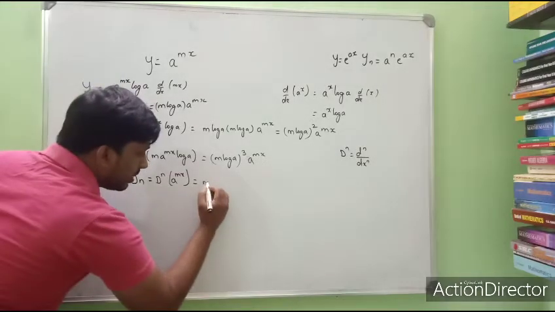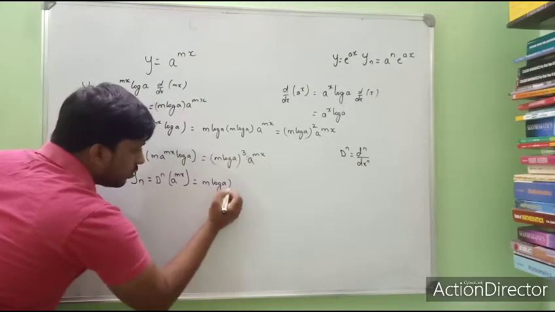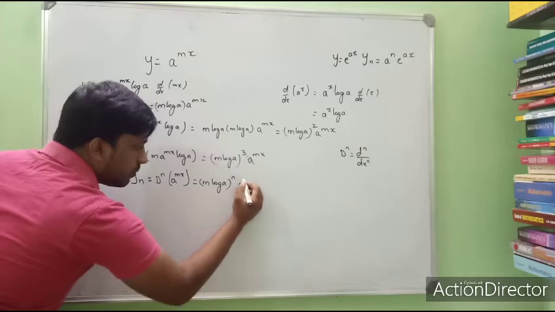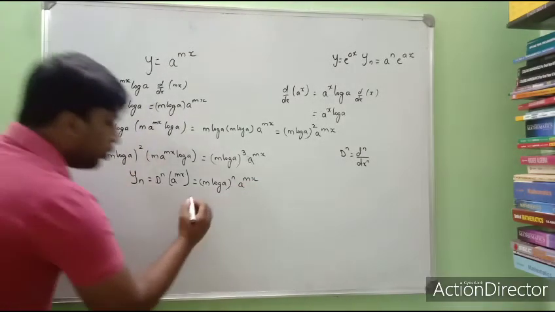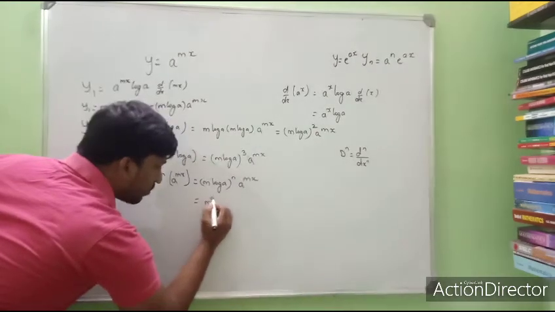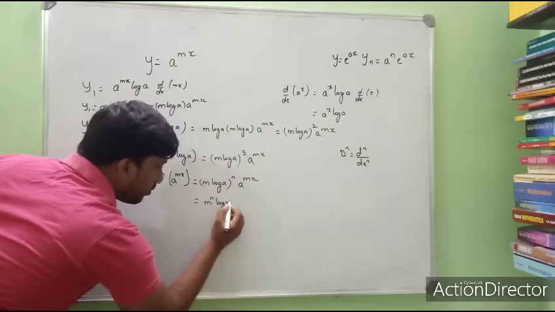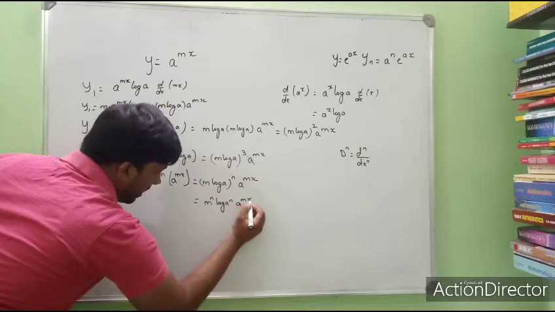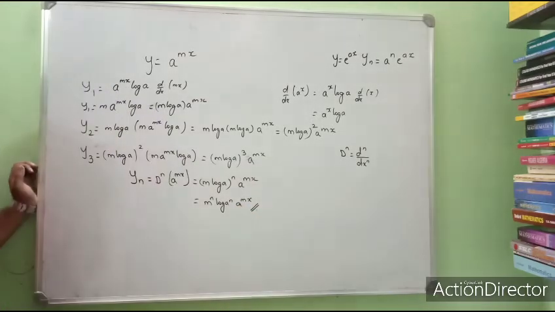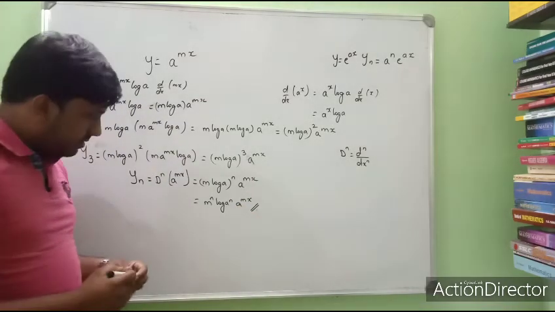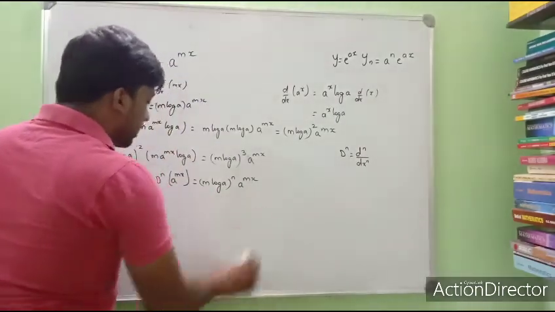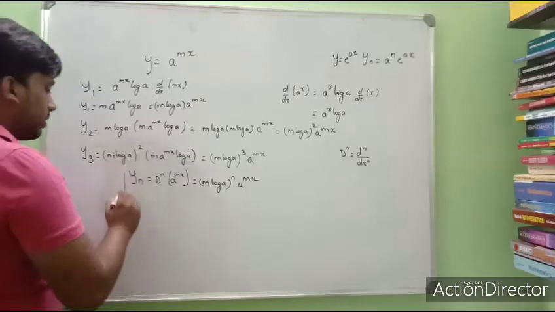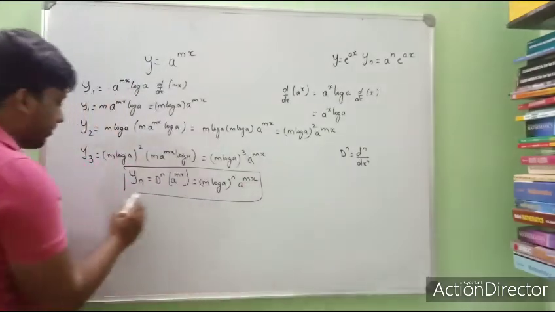So in general it is m log a to the power of n into a to the power of mx, or you can write it as m to the power of n into log a to the power of n into a to the power of mx. Anything you can take. So this is the general form we have for this standard function.